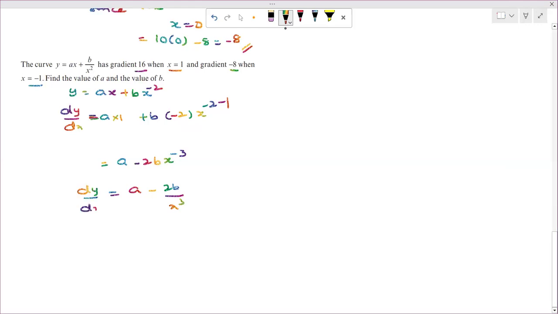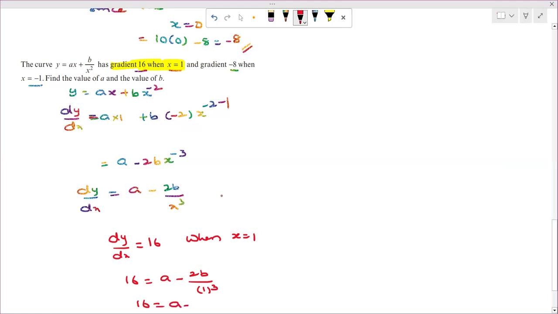Now see the first condition that is given: gradient is 16 when x is equal to 1. dy by dx is equal to 16 when x is equal to 1. So 16 is equal to a minus 2b by 1 cube. It's nothing but 16 is equal to a minus 2b. Assume this is 1.